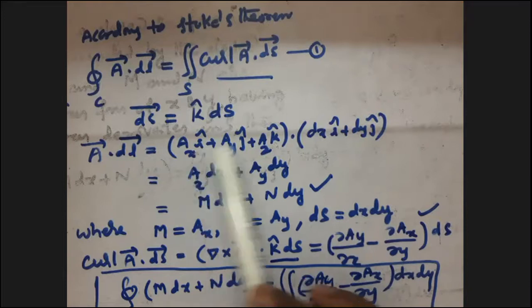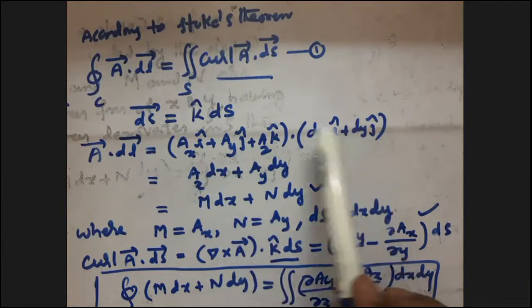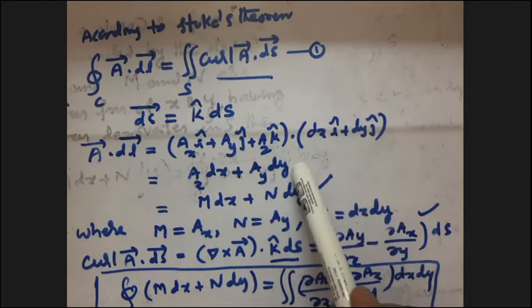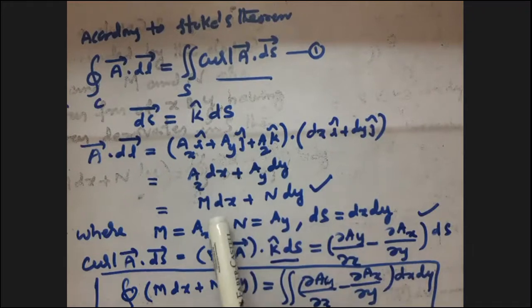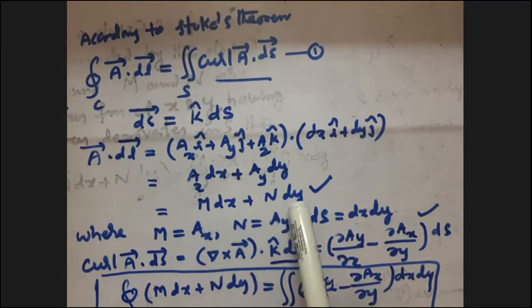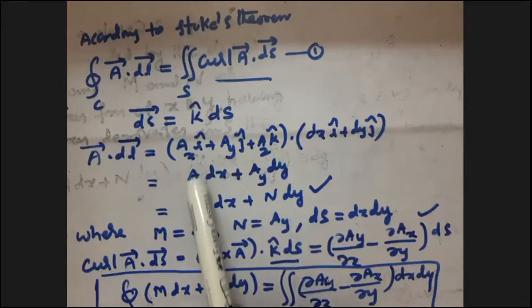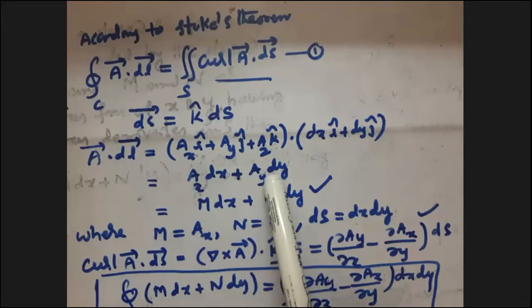So that is A_x dx plus A_y dy plus A_z into 0. We consider M dx plus N dy, where M equals A_x and N equals A_y.